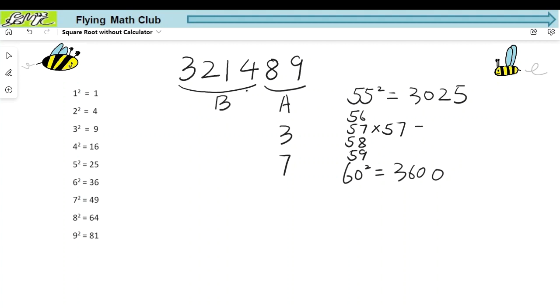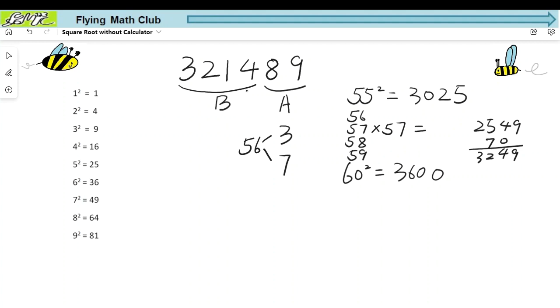57 times 57 equals 3249. 3249 is a little bit bigger than 3214.